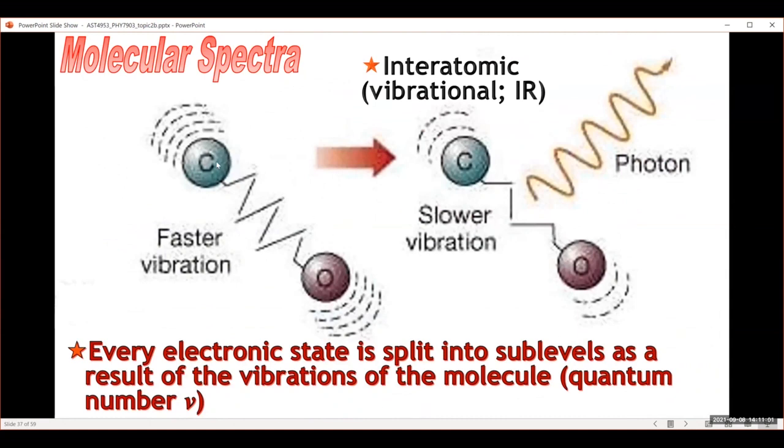So here I've got a simple molecule, CO, carbon monoxide, and we can think of them as being carbon and oxygen joined together by a spring. And that spring is basically wiggling. And so when it's wiggling fast, it's got a certain amount of energy. To slow down to a slower vibration, then it has to emit a photon.